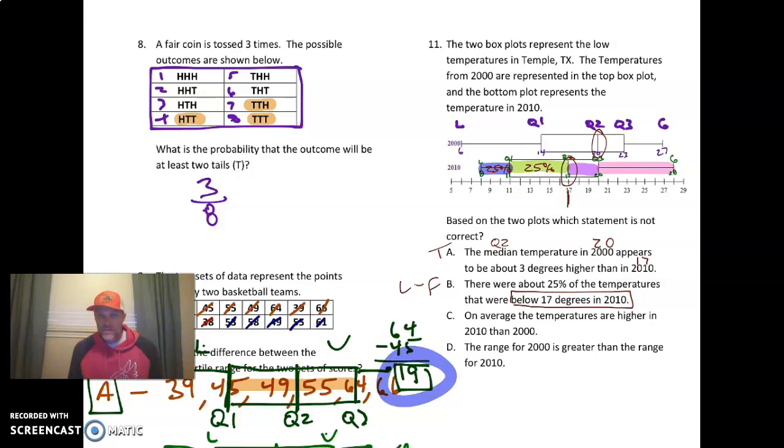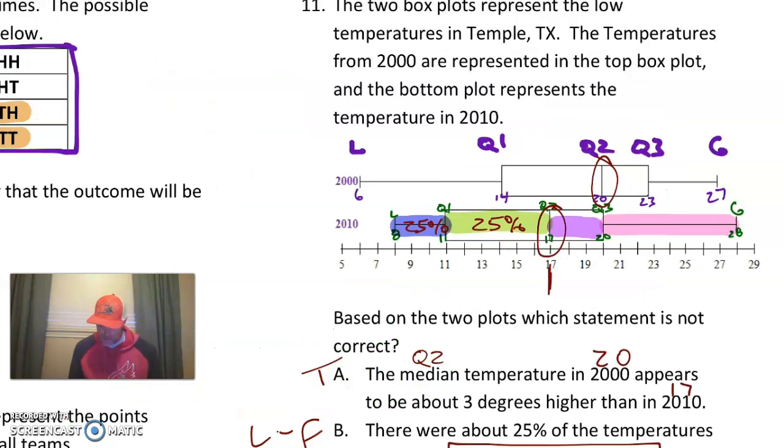C, on average, the temperatures are higher in 2010 than in 2000. So here's the problem. You actually cannot find the average using a box plot. But if we look, in 2010 the greatest value is a little bit larger than in 2000.